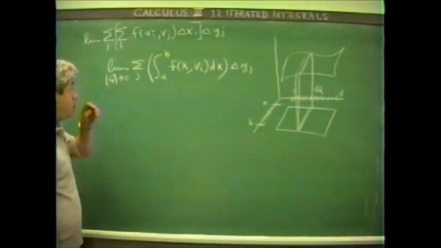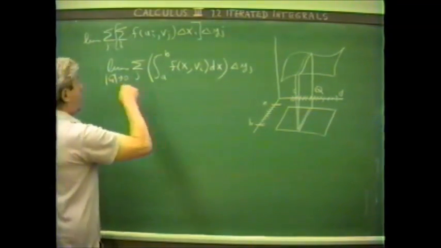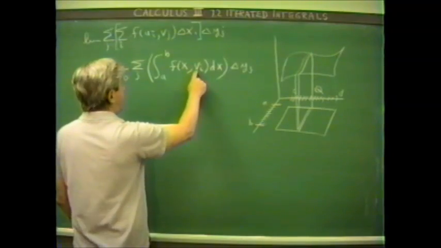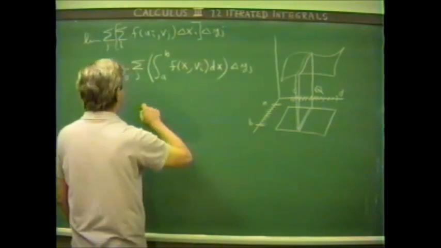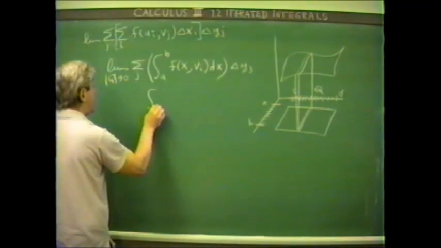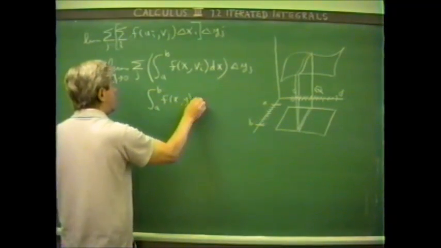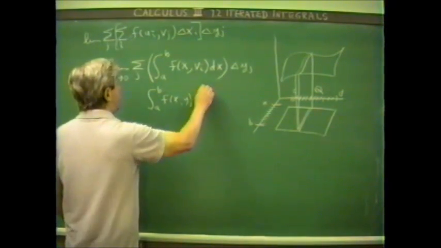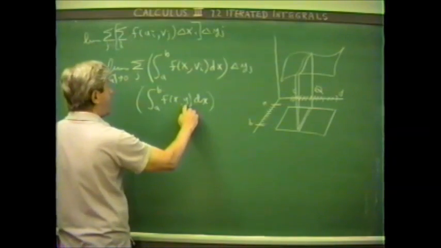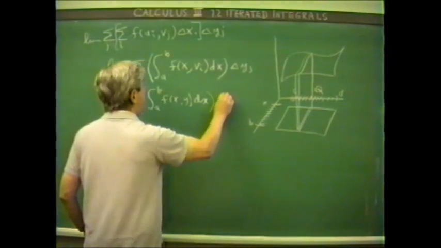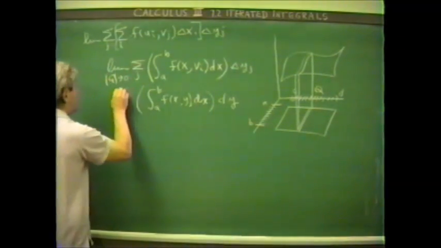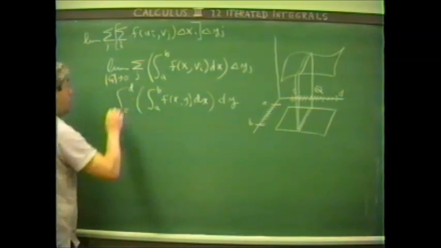And this then corresponds to an integral of this function here with respect to y. That's to say, this is the integral from A to B of f of x and y dx. You integrate this with respect to x for fixed y, and then you integrate that with respect to y from C to D.